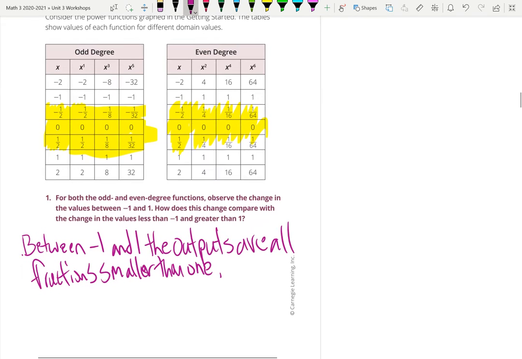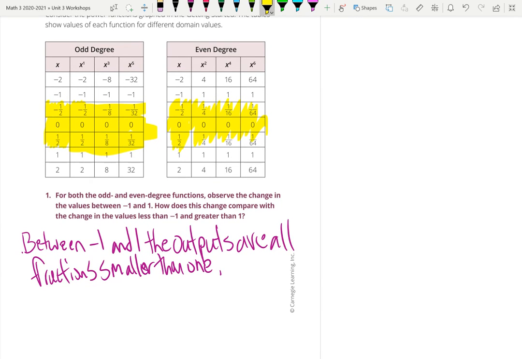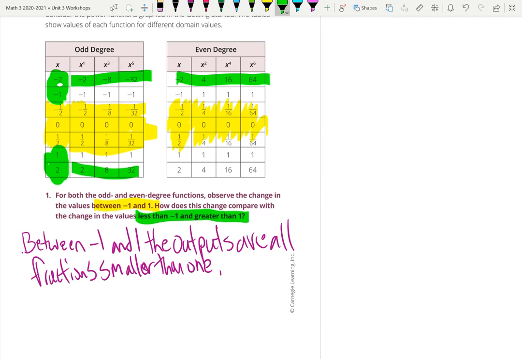How does this compare with the values that are less? So this is between -1 and 1. We want to look at the values less than -1 and greater than 1. And notice here, the numbers start to get bigger.